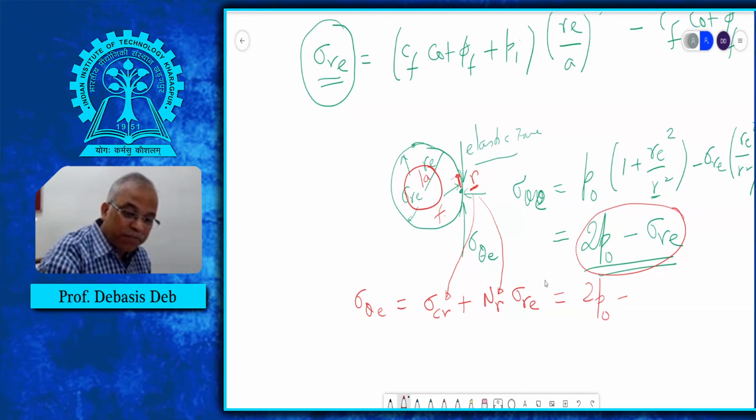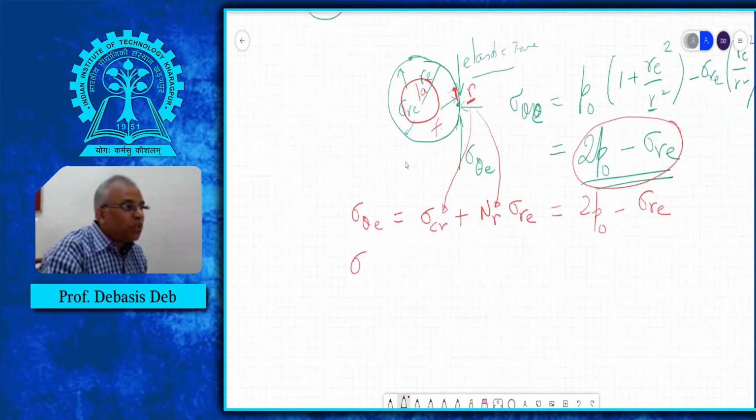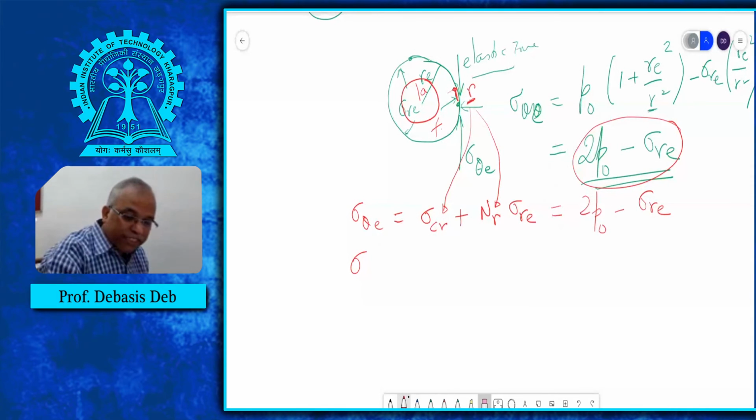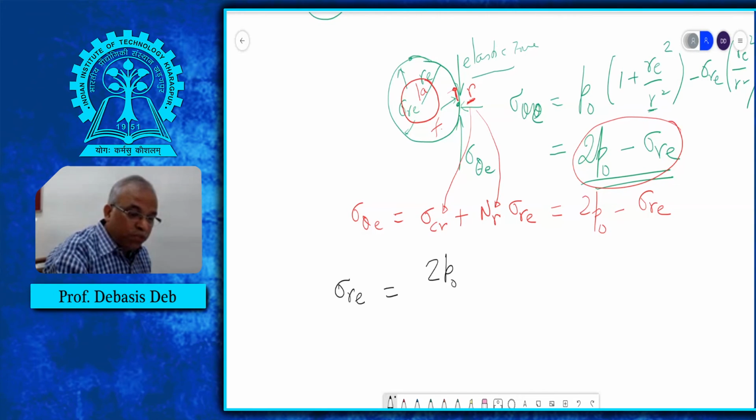2 P naught minus sigma RE. So I find the equation of sigma RE, and let me write it very carefully, because this is a very important stress. This sigma RE is equal to 2 P naught minus sigma CR, divided by 1 plus NR.